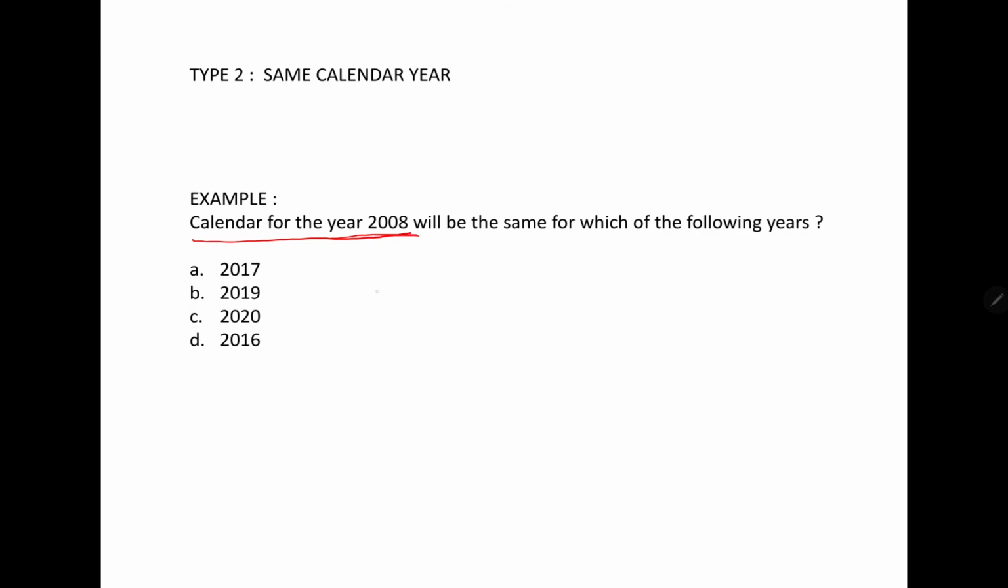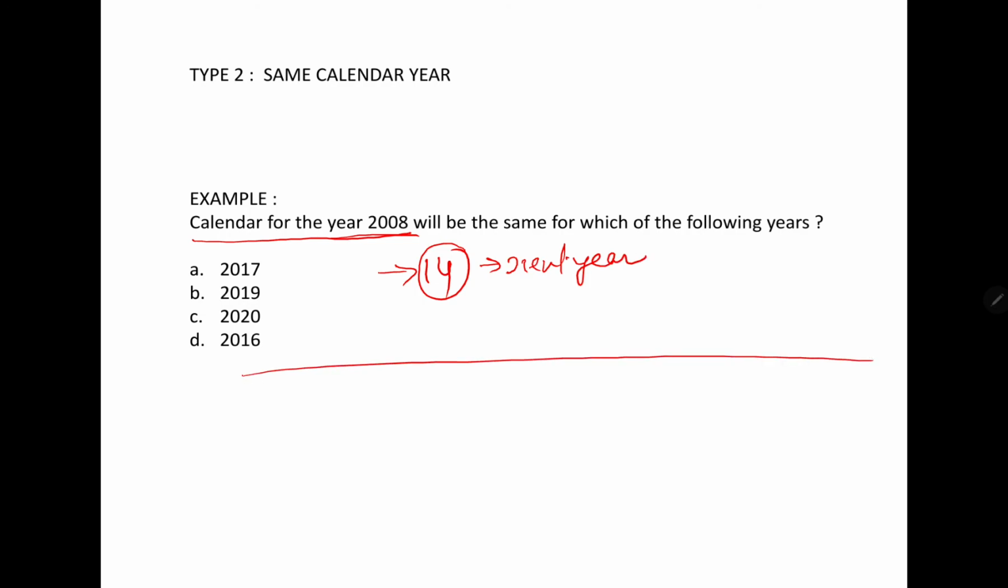You have to count the number of odd days up to 14. Once you reach 14, the next year will be the answer. Let's start. We'll make a table here with the year and the odd days.